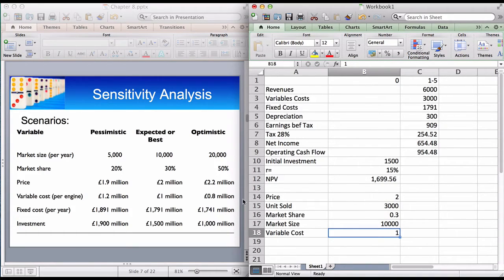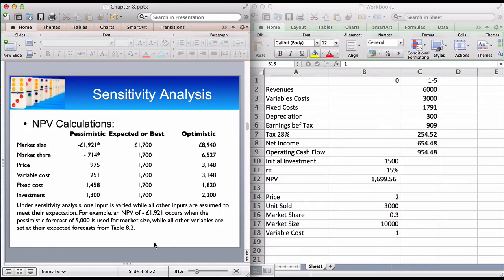It looks at pessimistic outcomes and optimistic outcomes for each variable. And it then finds the NPV for each of these variables. Now notice that for our expected case, we've got 1699.56. I've written here 1700. We can change these and we can have a number of NPVs to be negative and then positive.